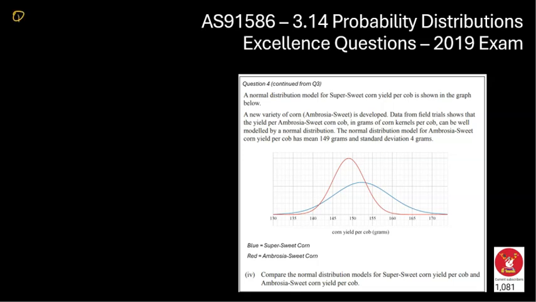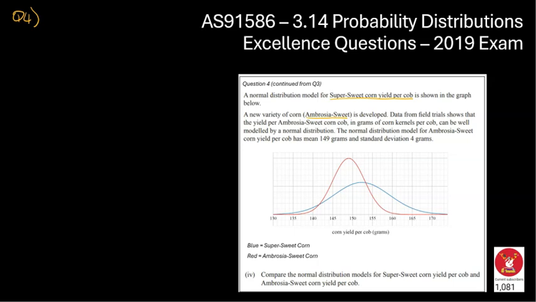We are now on to question number 4, and this carries on with that corn theme again. You might have seen these in the merit questions earlier. So we've got a normal distribution model for the super sweet corn. That was the brand we had earlier. There's a new type called Ambrosia sweet. Hopefully I'm saying that right. The data below, grams per kernel, can be modeled by a normal distribution as well.